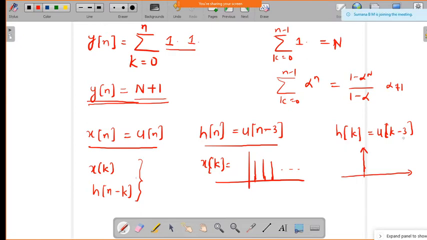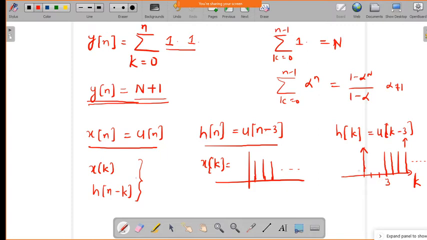K minus 3 means it is shifted in the forward direction by 3 units, that is 1, 2 and 3. So the signal starts from here and goes to infinity, when n equals 3. This is the k axis. When k is shifted by 3 units, it will go to here.